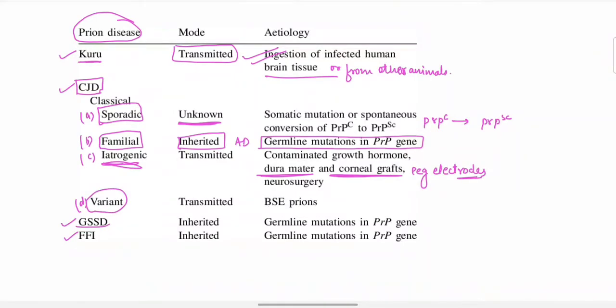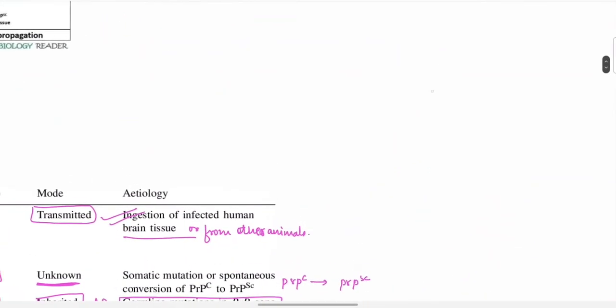Then there is variant CJD. Variant CJD is transmitted from another person. Why have we called it variant? Because all other prion diseases occur in old age. Why do they occur in old age? Because prion protein has a very long incubation period.